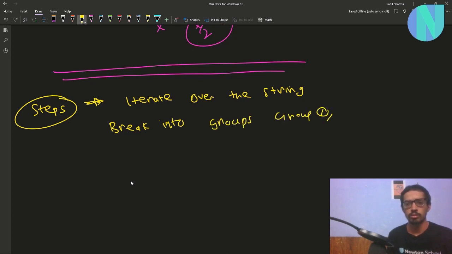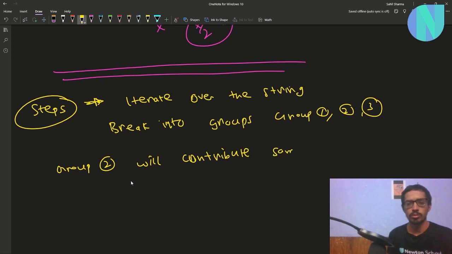Group 1, group 2 and group 3. Group 2 will contribute the same to AB and BA. So you can store it as common count.